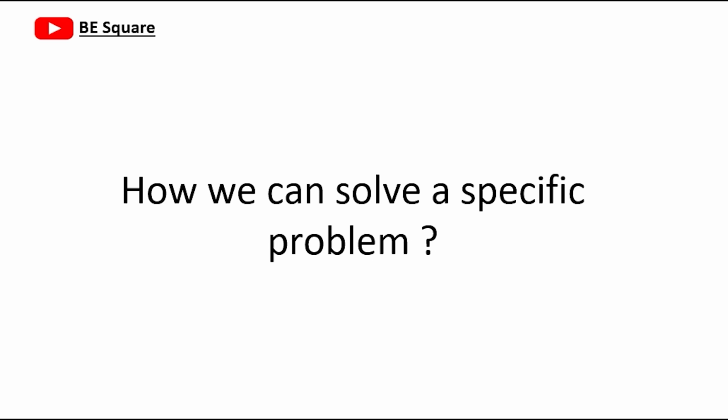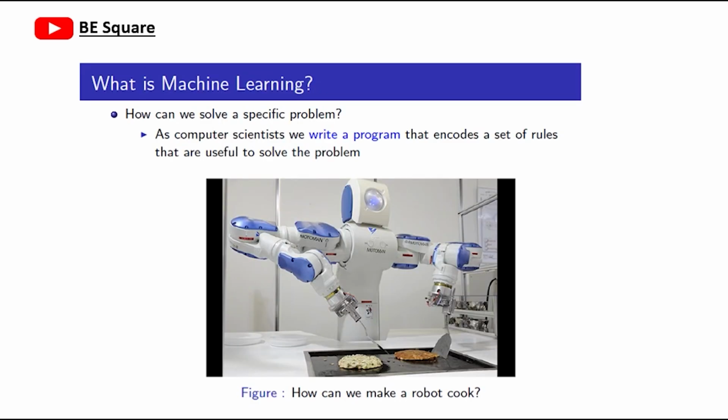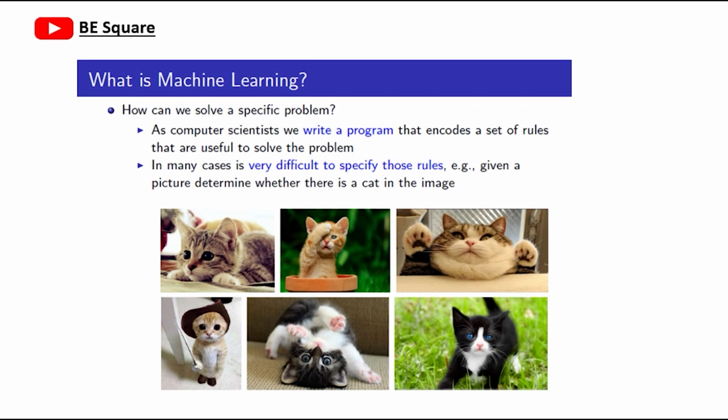So how can we solve a specific problem using machine learning? Let's say our first problem is that we have to teach a robot how to cook food. Or our problem is to recognize whether a picture shows a cat or a dog or something else, by giving the picture to the machine.